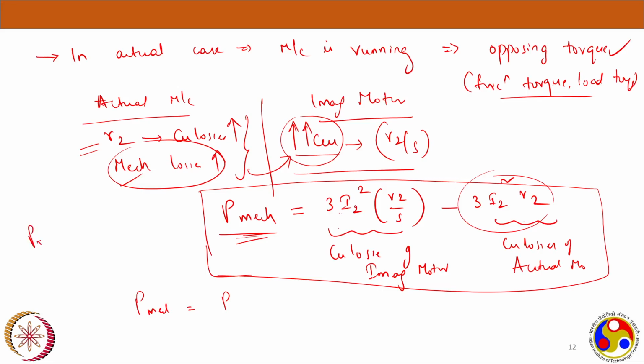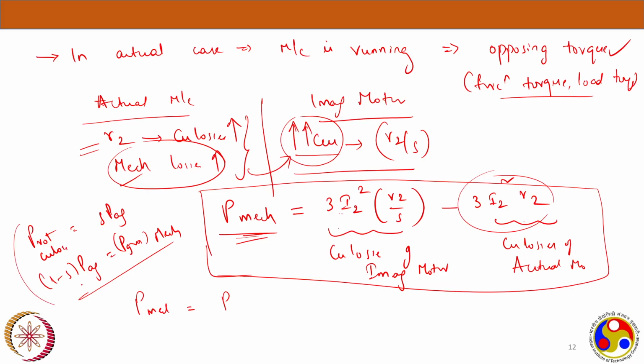I'm writing it here: P rotor copper loss. Don't worry, this derivation we will see clearly next week. This is slip times the air gap power. So 1 minus S times the air gap power will give you the P gross mechanical power. So these two equations are important. Next week we will see them in detail.